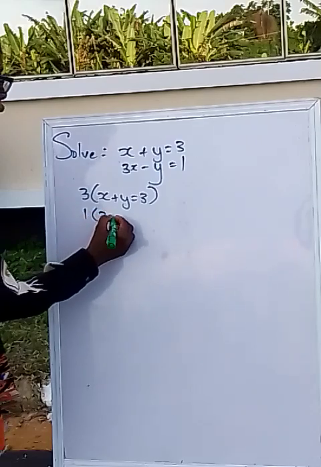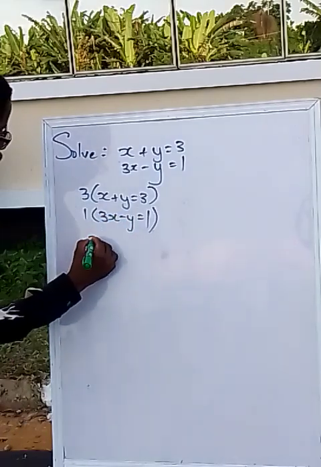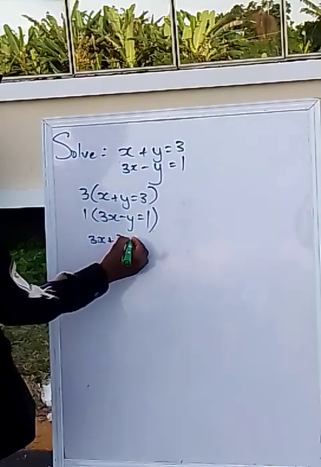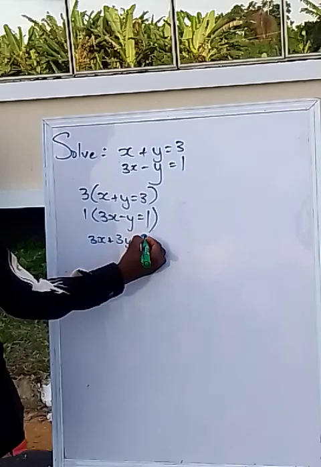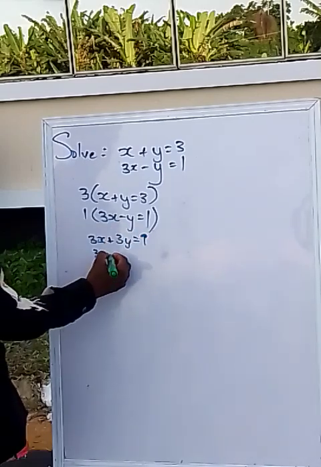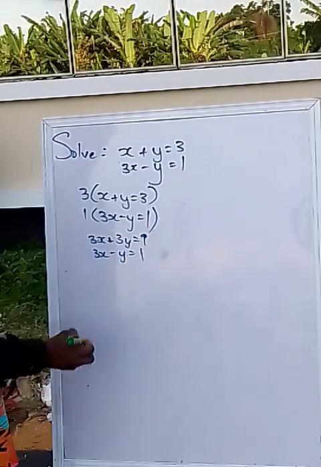So 3 times x is 3x plus 3 times y is 3y equals 3 times 3 is 9. 1 times 3x is 3x. 1 times minus y is minus y equals 1 times 1 is 1. So we introduce a minus sign to the second equation.